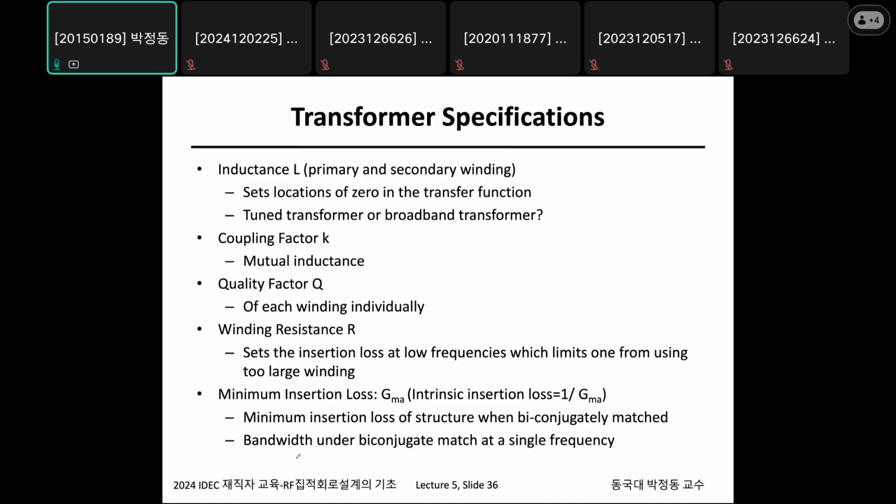The second one is the coupling factor. If the coupling factor K is higher, we typically use a transformer as a resonance circuit. If K is low, then we use a transformer for pole splitting.